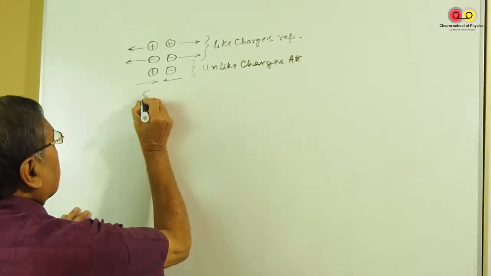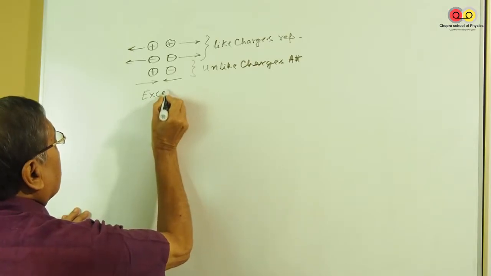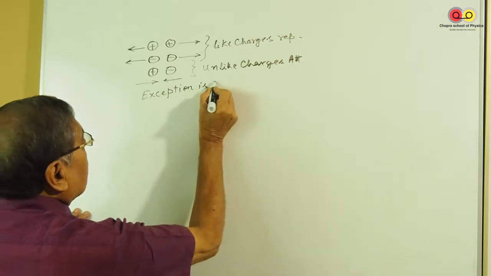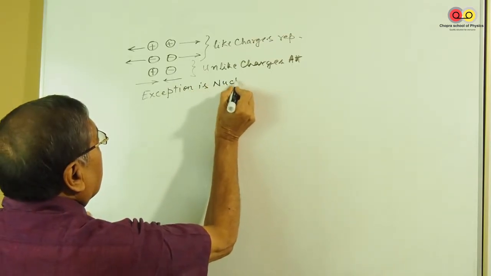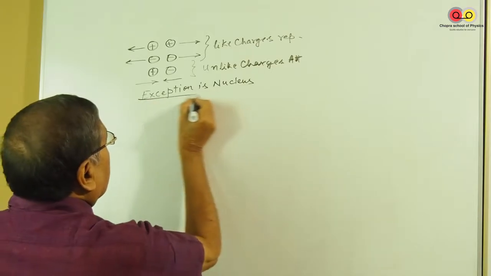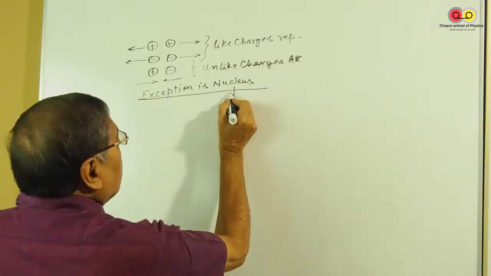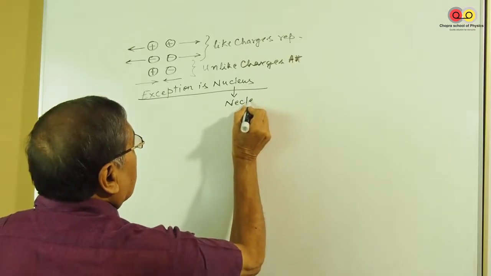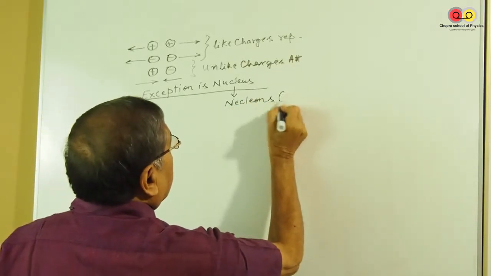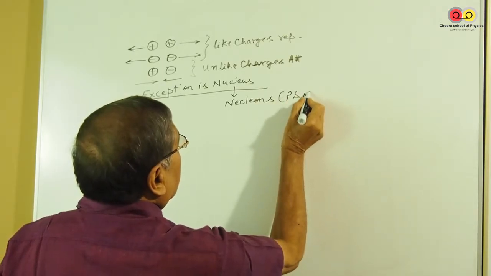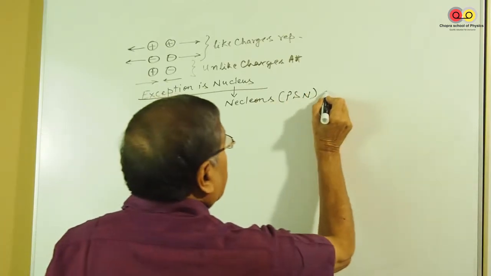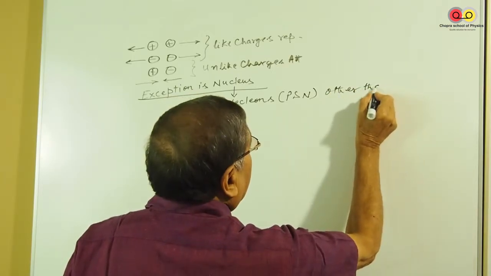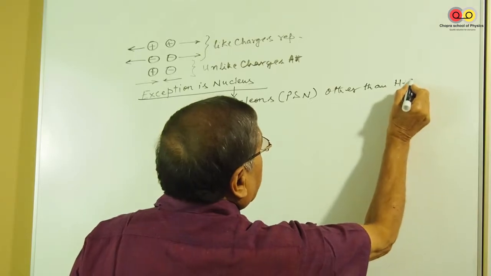Exception is the nucleus. We know that the nucleus is made up of nucleons, that is protons and neutrons, other than the hydrogen nucleus.